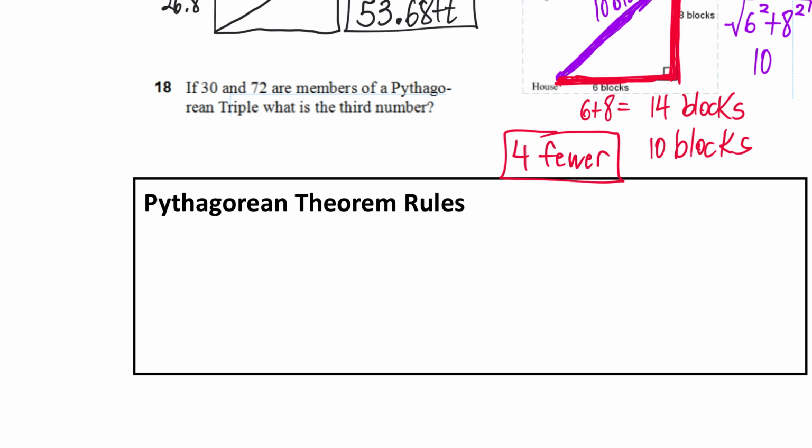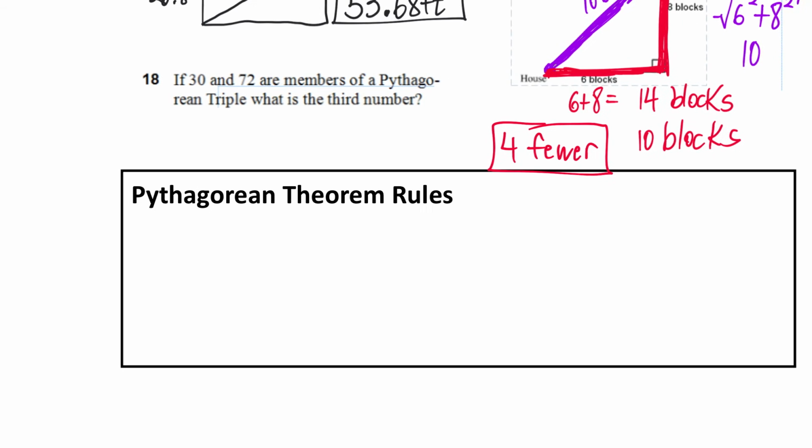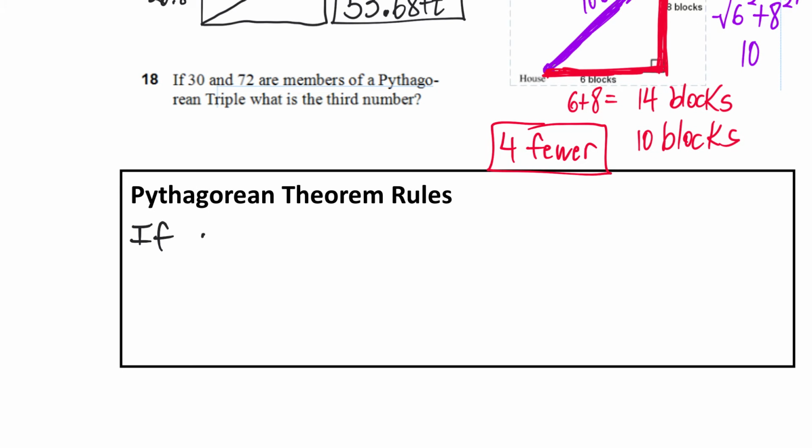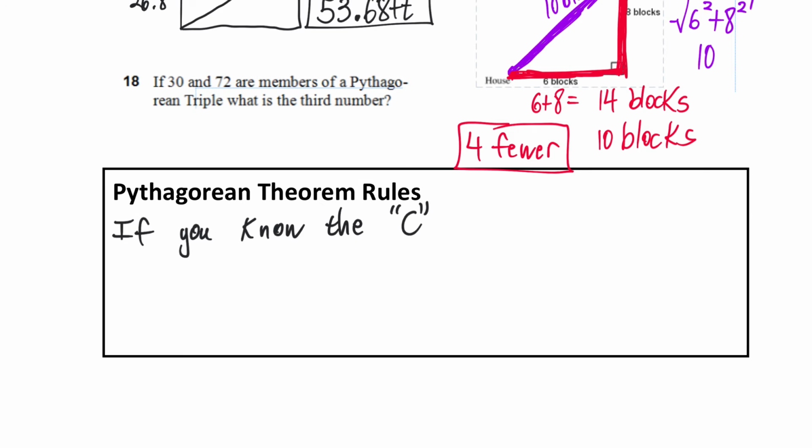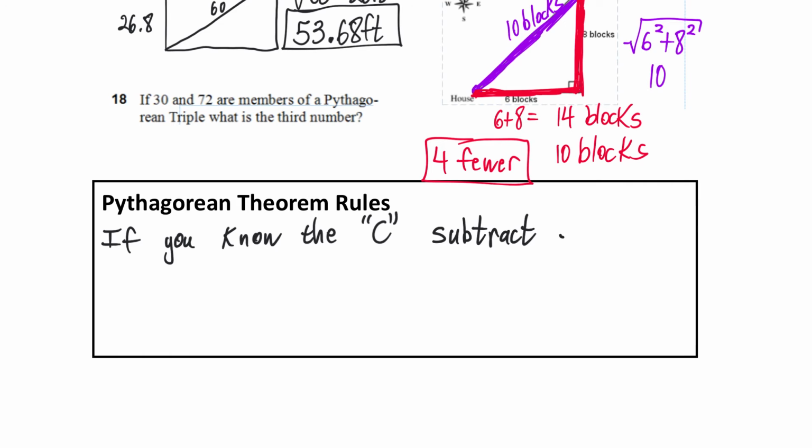Okay, so let's just talk about the Pythagorean theorem rules real quick. Just the shortcut thing I'm talking about. So, all right, if you know the C, do you add or subtract? You subtract. So as an example, it would look like this. 8 squared minus 6 squared.